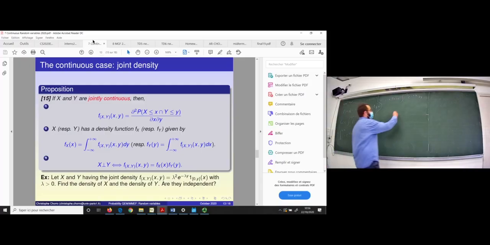What is the primitive of exponential minus xy? Keep in mind that I do the integration with respect to y. So x is considered here as a strictly positive constant, but a constant, when I do the integration. So what is the primitive of exponential minus xy?